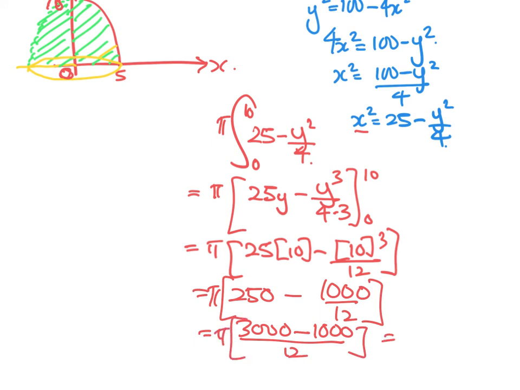So this is 2000 over 12, and the answer is 500 over 3 pi.